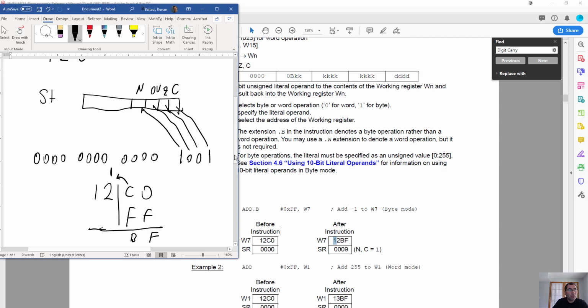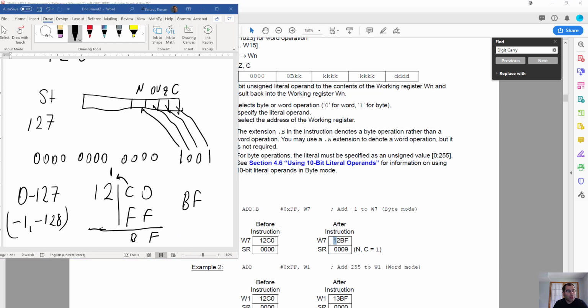Well, remember I said that with 8 bits, you can represent numbers from 0 to 127, and negative numbers from -1 to -128. So that was your range, and BF in that case is a negative value, and you can figure out its negative value in many different ways.